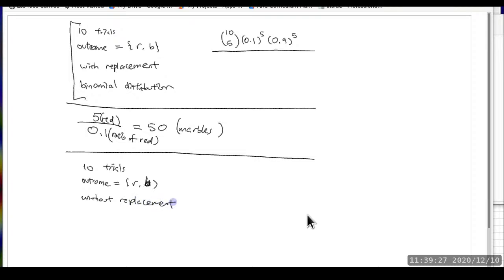And it is no longer a binomial distribution. This is not a binomial distribution, because binomial distribution only works when it is a with replacement type of experiment, but now that it is a without replacement experiment, we can no longer say that it is a binomial distribution.